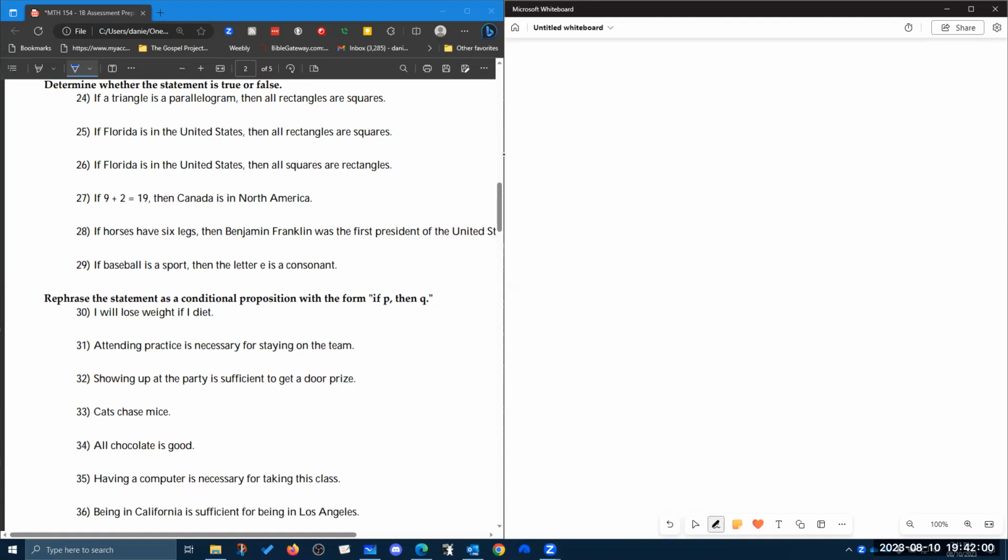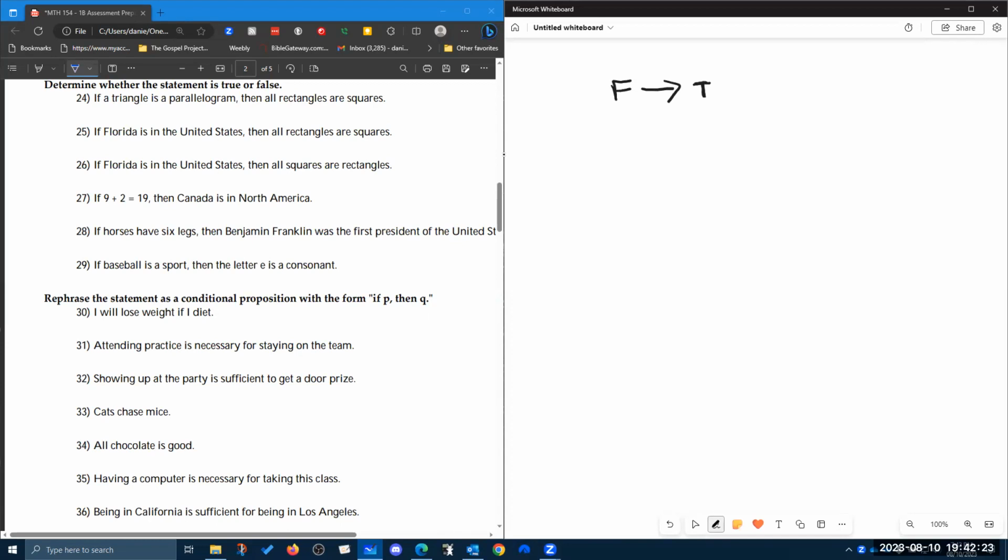If a triangle is a parallelogram, then all rectangles are squares. The statement "a triangle is a parallelogram" is false, and the statement "all rectangles are squares" is true.